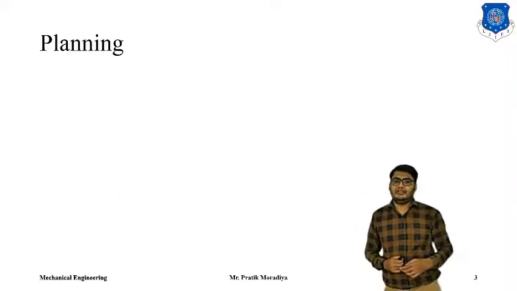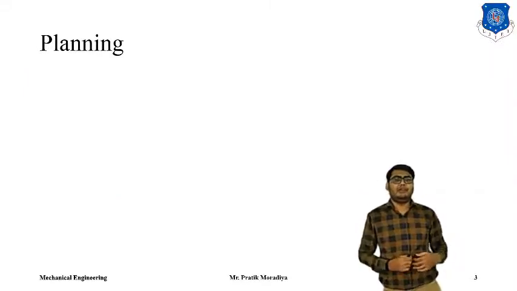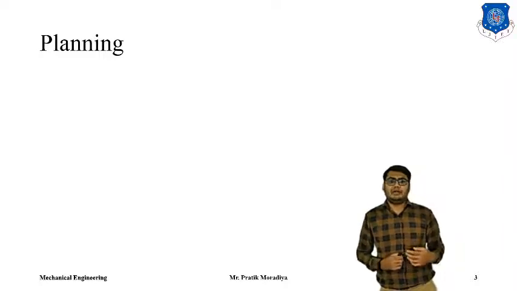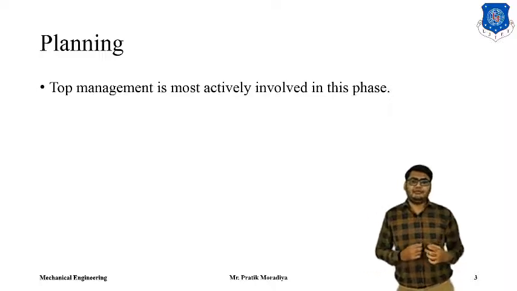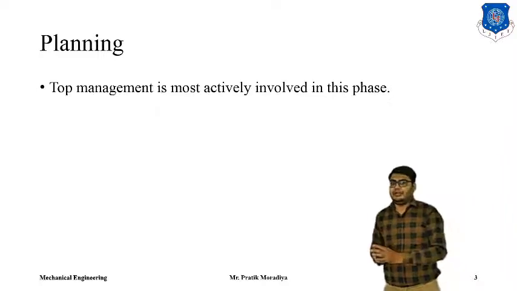Now, in the planning stage, what are we doing? We are planning our product. So why do we plan our product very carefully? Because it is the most active stage where higher management will be involved. Higher management will always focus on planning itself.